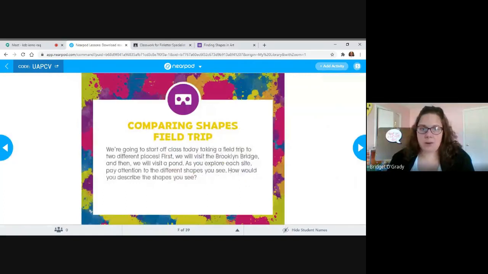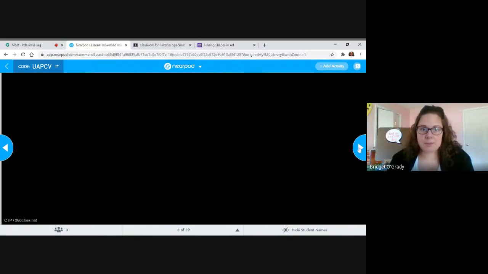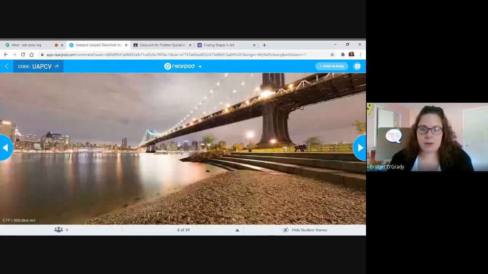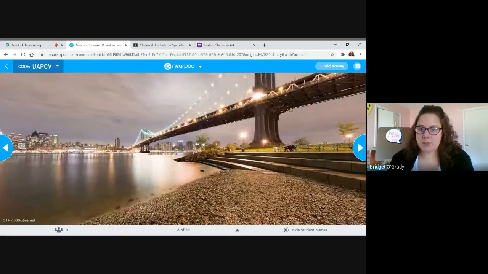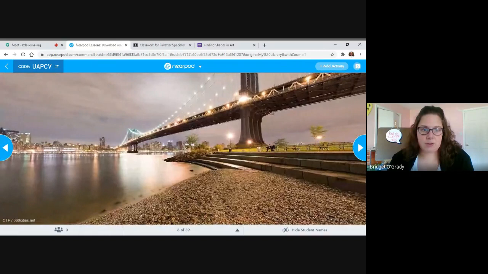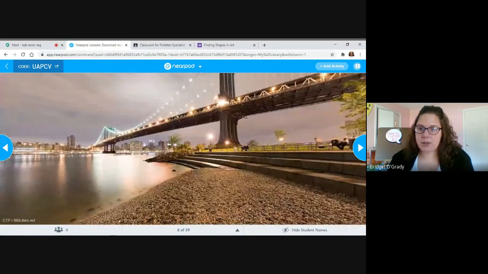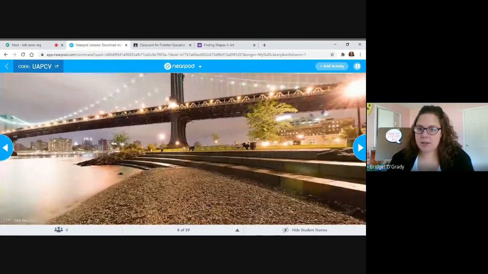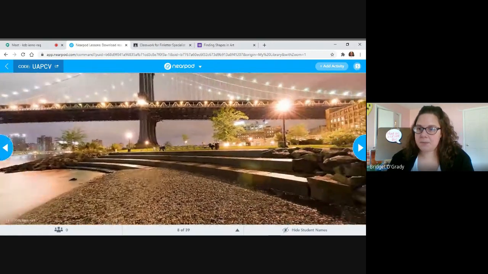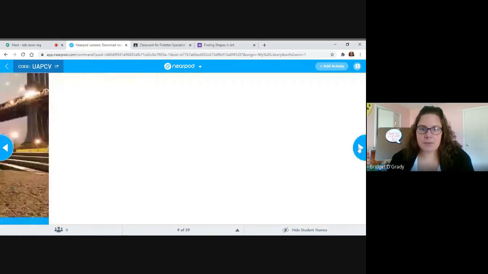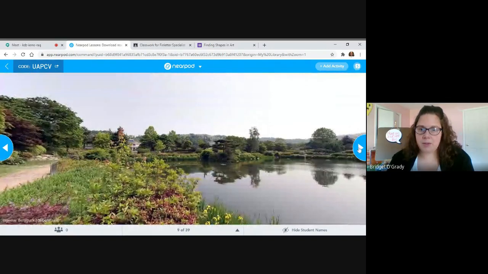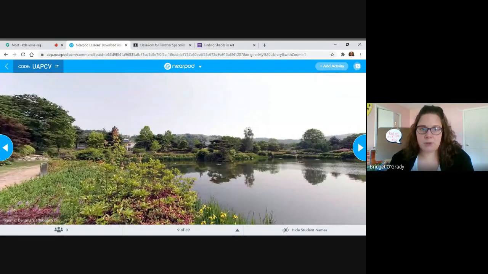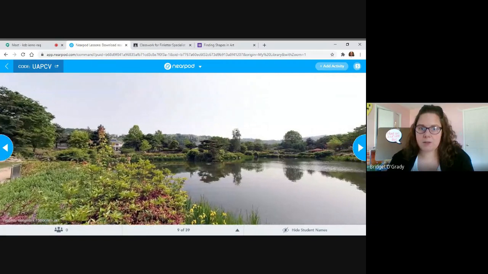When we were in our live session, we took a look at two different pictures and compared the shapes. We had a picture of the Brooklyn Bridge in New York City. Right now you want to look very closely and notice what kind of shapes are used in this landscape. Then compare that to the shapes you notice in this picture of a pond.